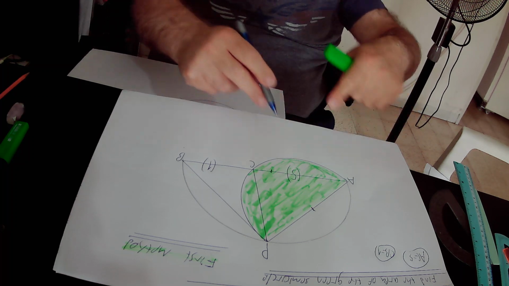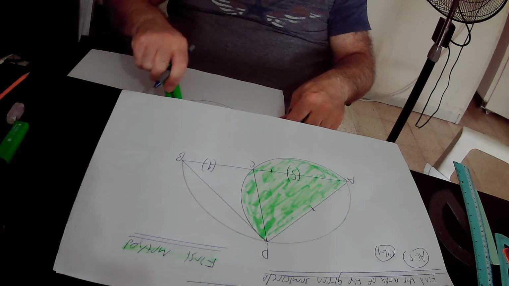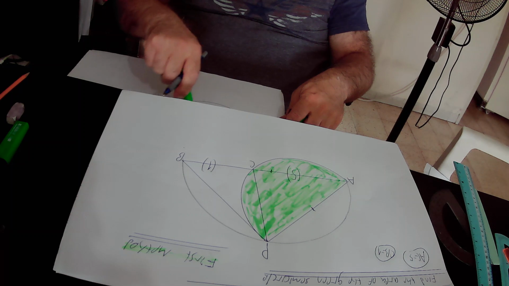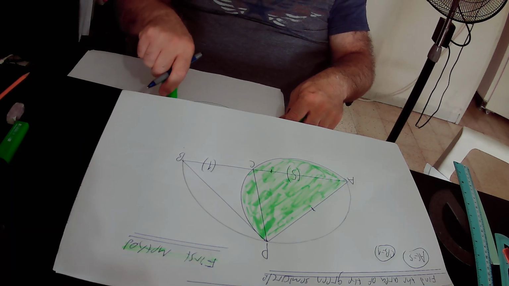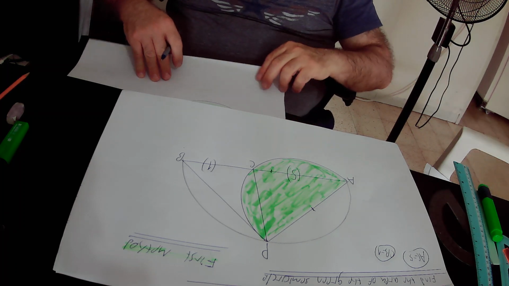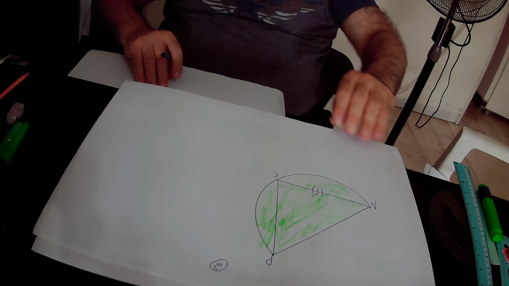Side AC equals 5 units in its length. So actually, this is the green semicircle that I copied from the original drawing.